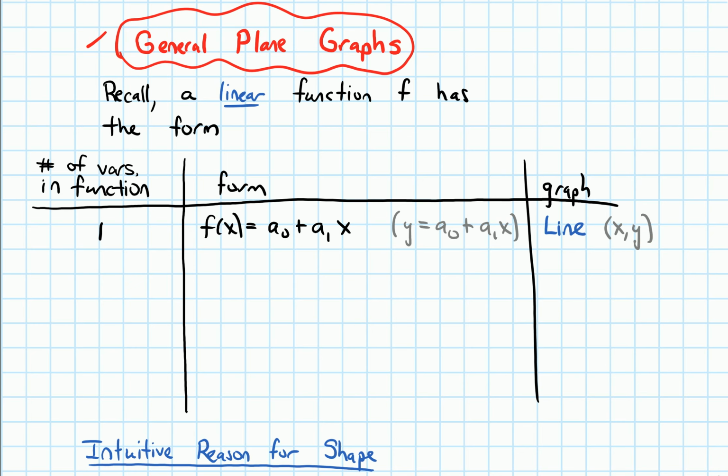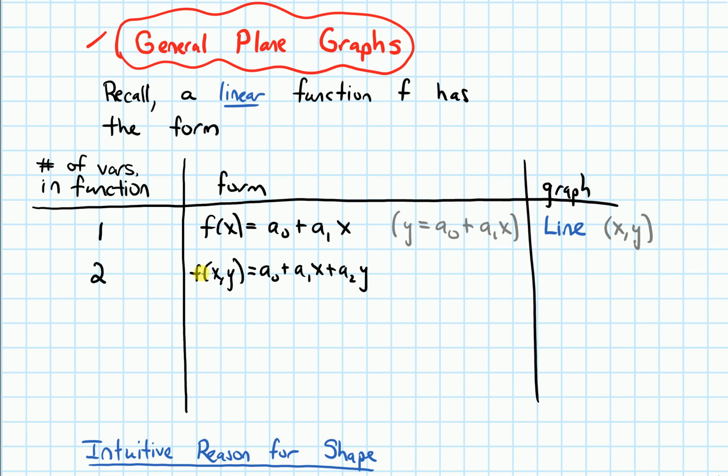Okay, so now if we take a linear function that has more than one input variable, let's say it has two variables in the function, that would look something like f of x comma y, so there's an x and a y being inputted, equals a naught plus a1x plus a2y. And we could also rewrite this in the same way we did the function above.